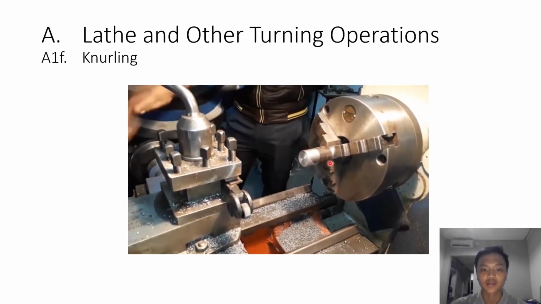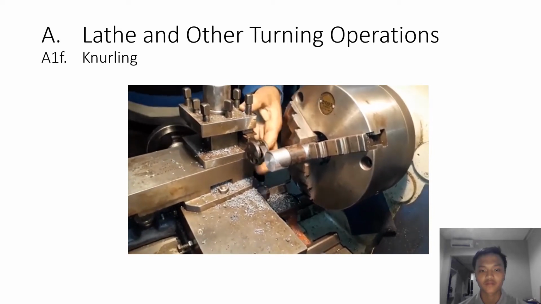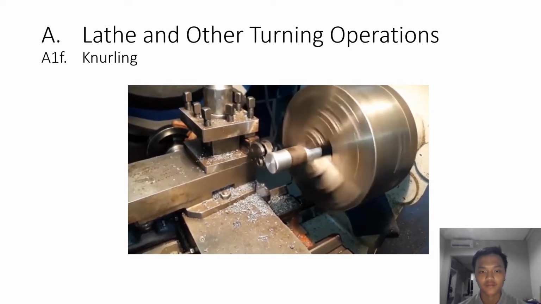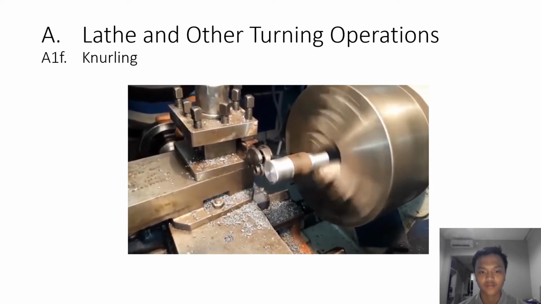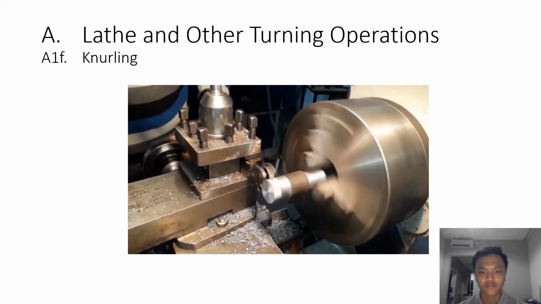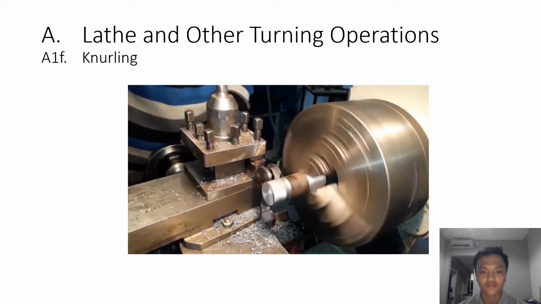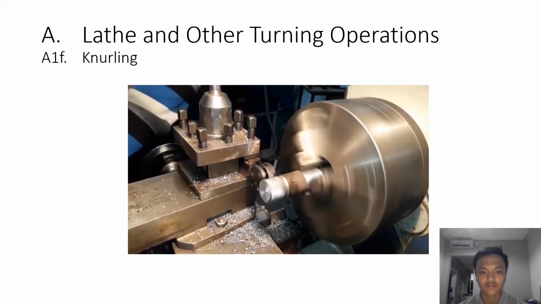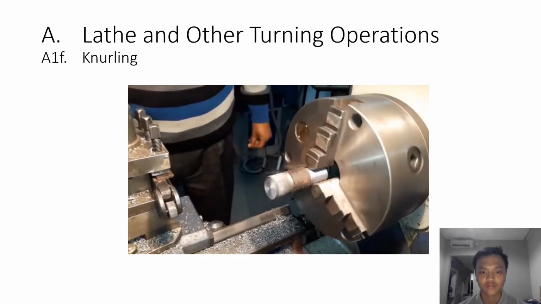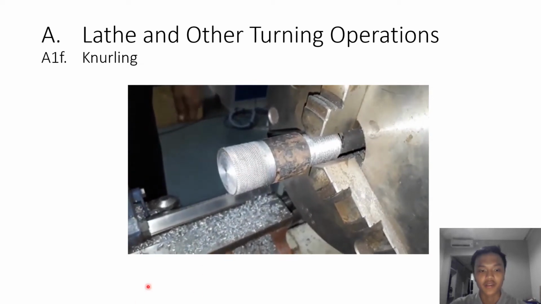He puts the lubricant onto the workpiece. Now this is the result of the knurling operation. It forms a pattern in the workpiece.